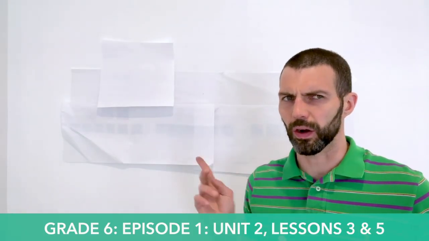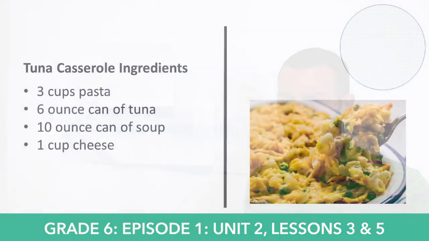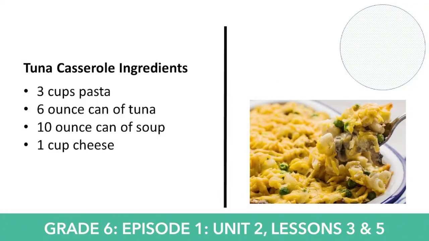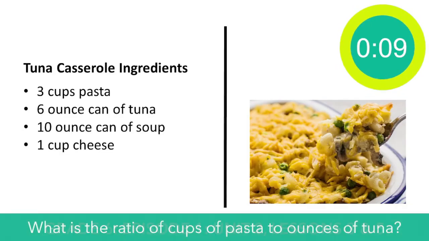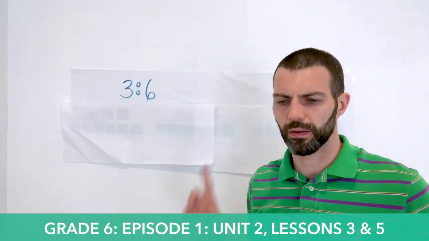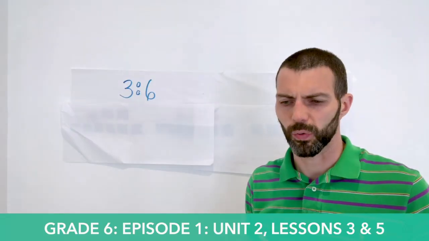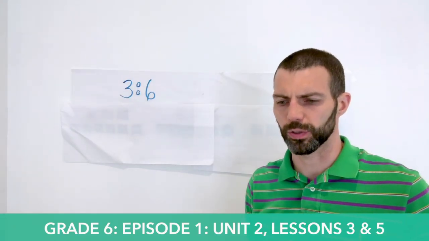So looking back at our recipe, what is the ratio of cups of pasta to ounces of tuna in one batch of casserole? For every 3 cups of pasta, we need 6 ounces of tuna.